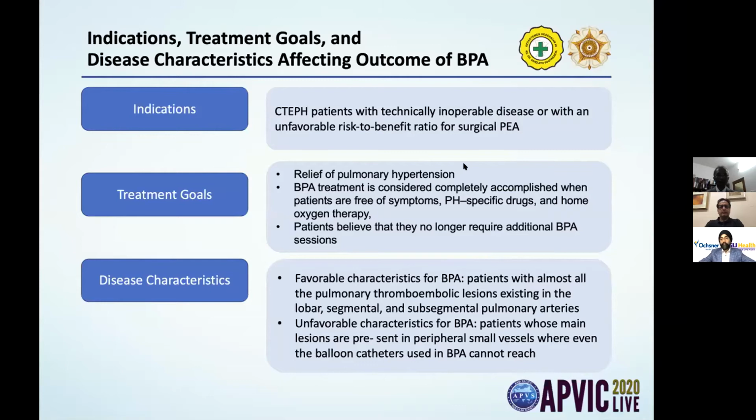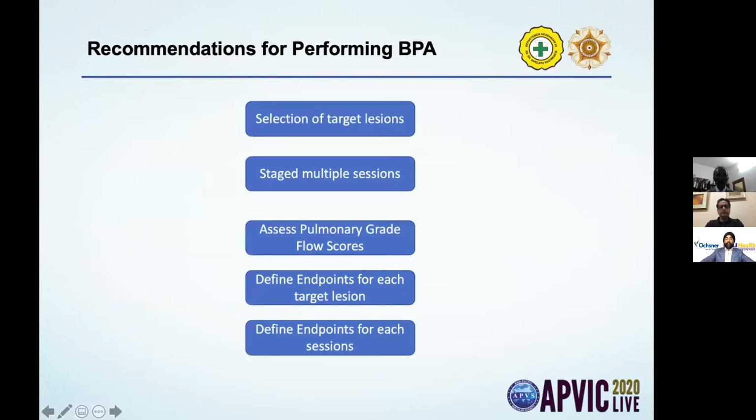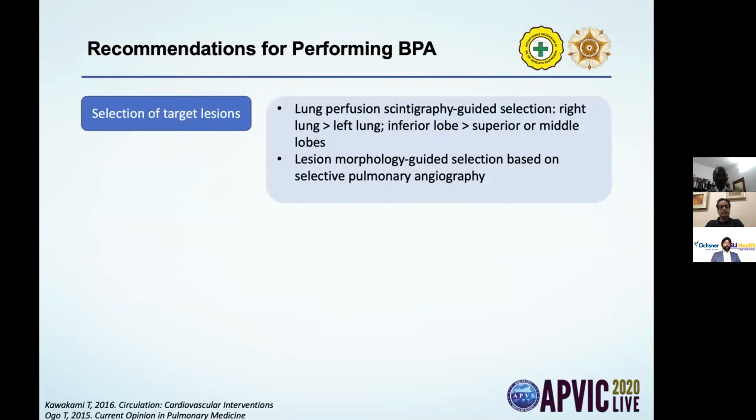So there are several aspects that we should think about. The first is the selection of the target lesions. Ideally, lung perfusion scintigraphy is the imaging that should guide our selection. When the right lung and the inferior lobe involvement is greater, it is more suitable for BPA and the outcome is much better than when it affects the superior or middle lobes.